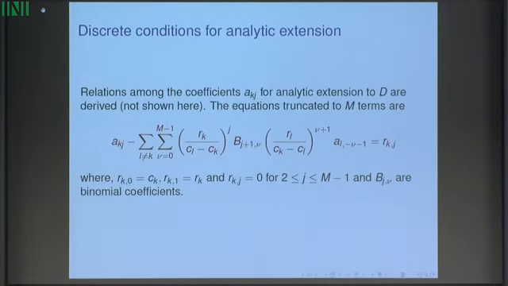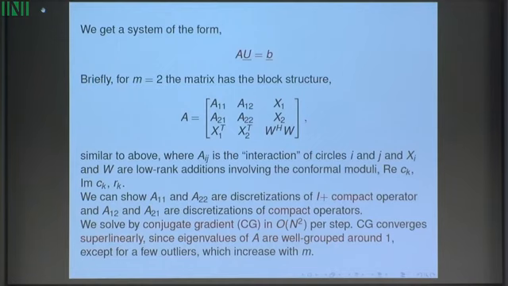This will have to go to my paper for, but there are relations among the Laurent coefficients, which can be turned into a linear system. It's a little bit of a long argument, but you can also finally say for m equal 2, you can put that in the block structure.